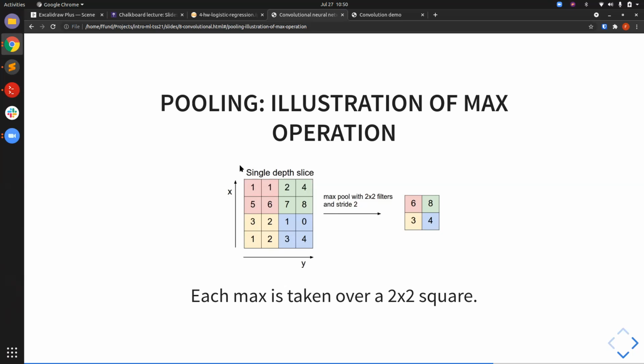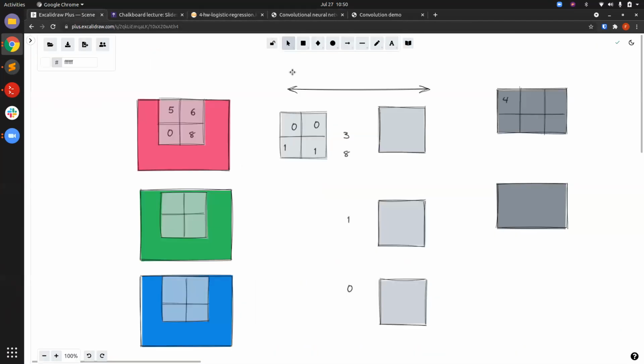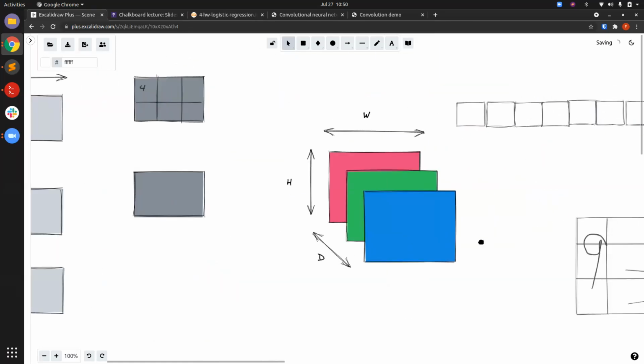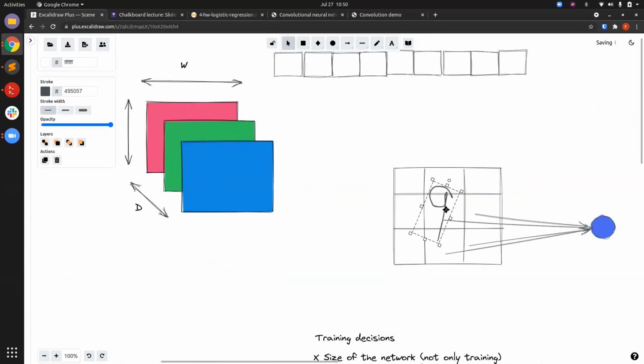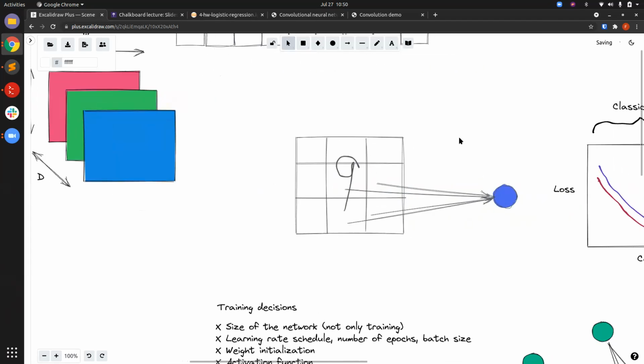So this helps us. Let's say I identify a particular feature I'm interested in in one part of the image. Well, in the next iteration, I don't necessarily care that much where in the image it was found, the specific localization of the feature. I really just care that the feature was found in the image.